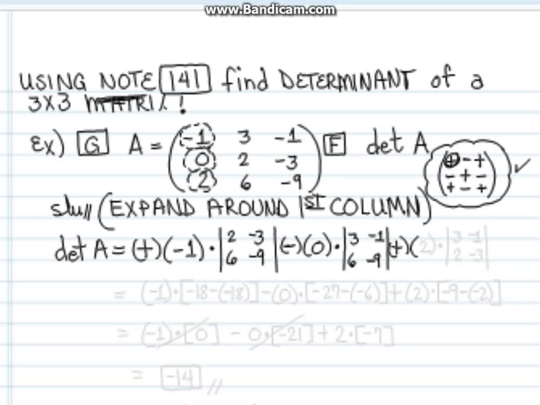And then the number, whatever it is, it's a +2 times the little mini determinant formed by crossing out the row and column that the number 2 lives in. If you cross out that row and column where the number 2 that we circled lives in, that leaves 3 down below 2, -1 down below, let's see, -3.